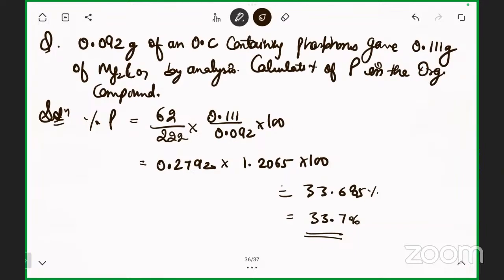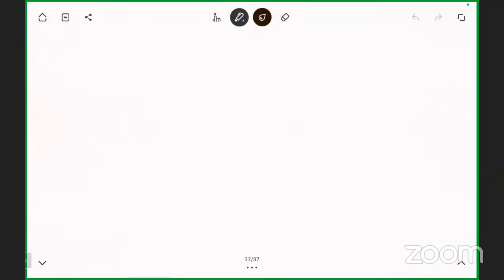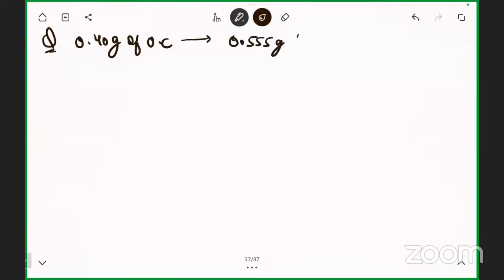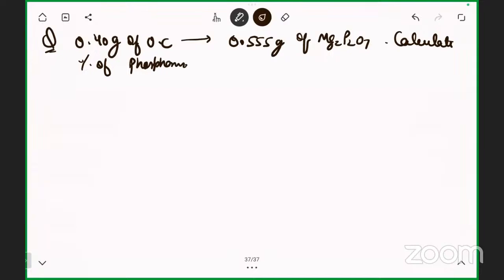Okay. Let me give you one more question. Same method. Okay. Now calculate: 0.40 gram of organic compound contains 0.555 gram of Mg2P2O7. Then calculate the percentage of phosphorus. Fast.